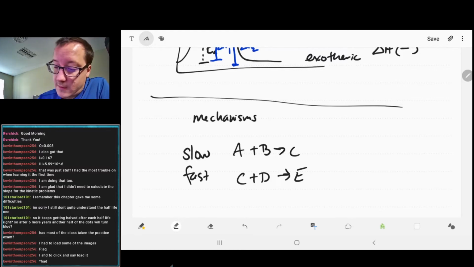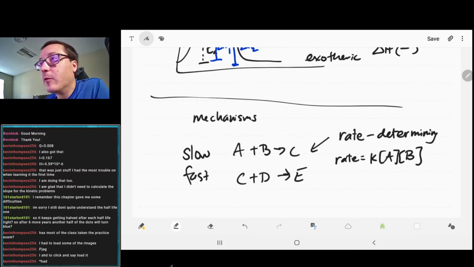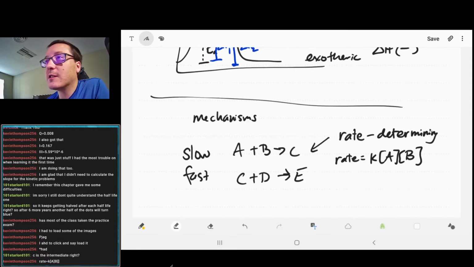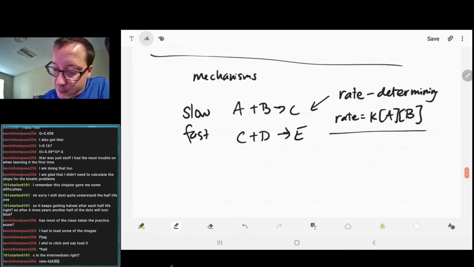Your slow step is rate determining. And so therefore, the rate will just depend on your, and yes, in this case, C would be an intermediate. Yeah, for sure. And so you would just have your slow step determining your rate, and that would be the easy way. But of course, we never asked that, right?